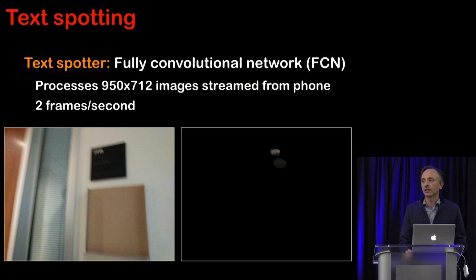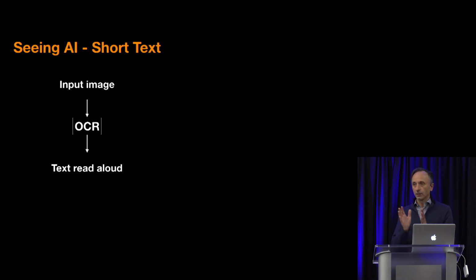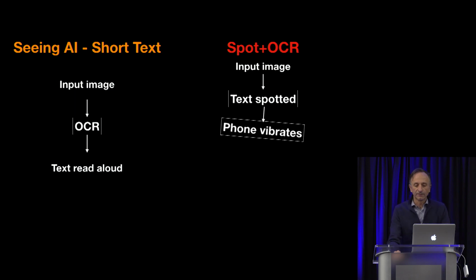Fine, but how exactly are we going to use that? Remember that the Scene Text AI system does something very minimalistic. It looks at an image. If there is some text, it reads it for you. In our case, we have something a little bit more complex, and it works in this way. You input an image, and the system, if it finds some text, will vibrate the phone for you.